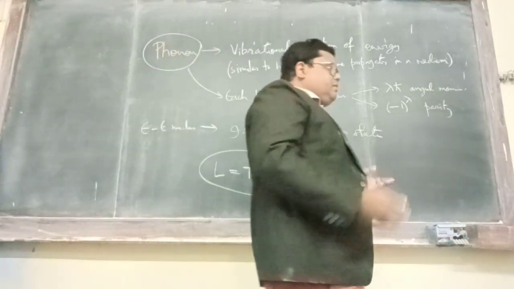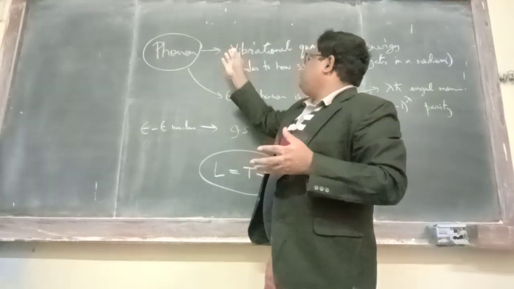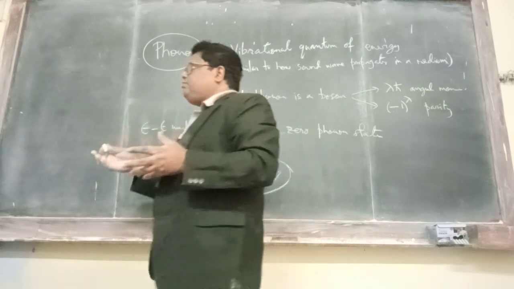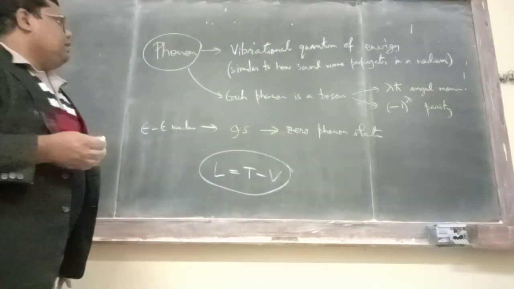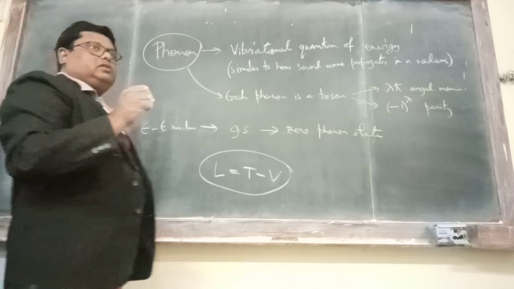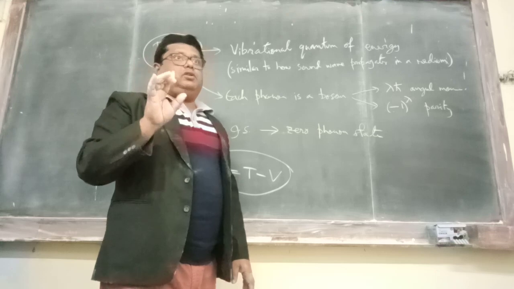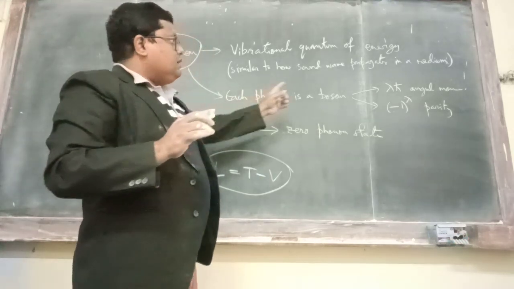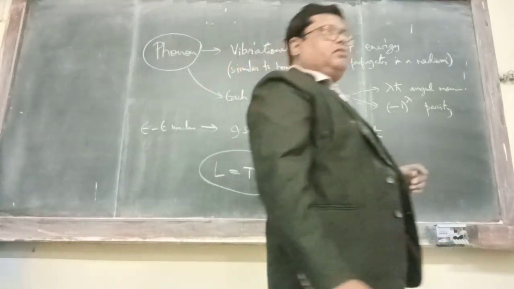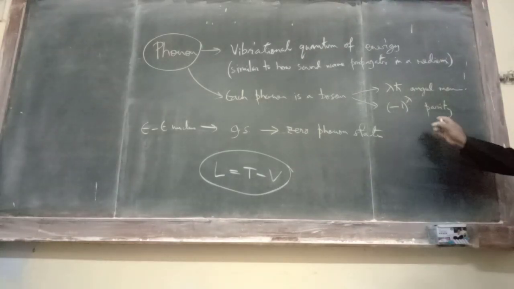Now this vibrational excitation you can think of as a phonon, similar to how a sound wave propagates in a medium. Now each phonon is basically a boson. This is important. This is not a fermion anymore. This is a boson, and each phonon carries lambda h cross angular momentum with parity (-1) to the power lambda.